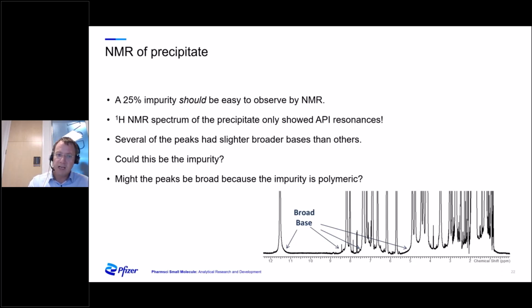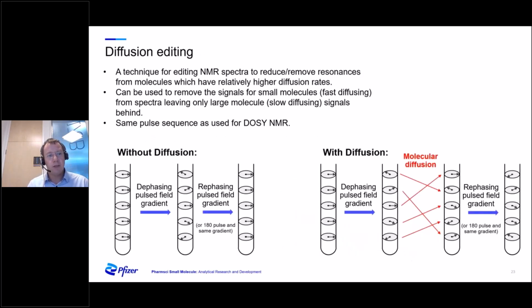So we could use a technique called diffusion editing to try and remove or reduce the resonances from molecules which have relatively higher diffusion rates. So this would reduce the intensities of the API resonances and leave behind, hopefully, the broad resonances caused by slow diffusing species. So this works using a similar pulse sequence to that of DOSY NMR.